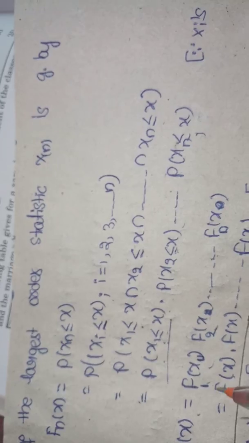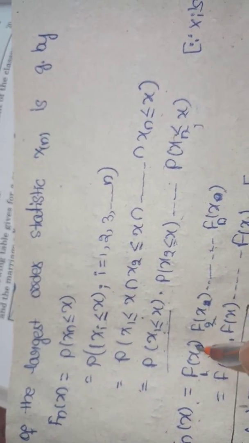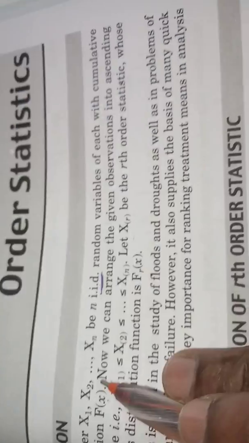So finally we get F_n of x equals F1 of x times F2 of x, and so on, times F_n of x. But in the definition we are taking X1, X2, and so on Xn as identically and independently distributed random variables.